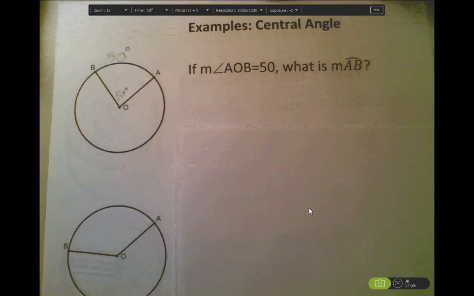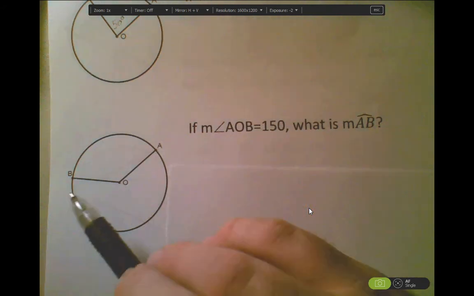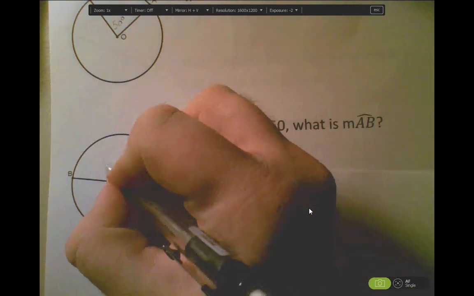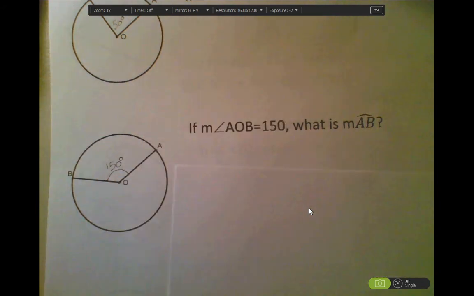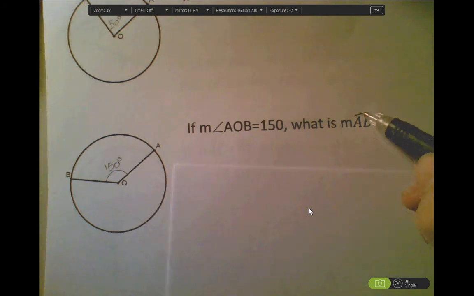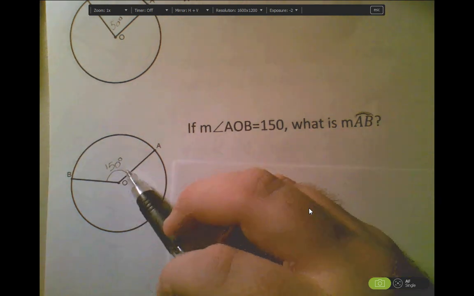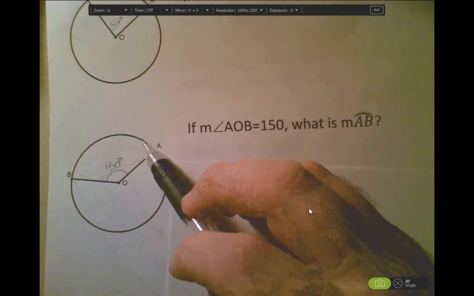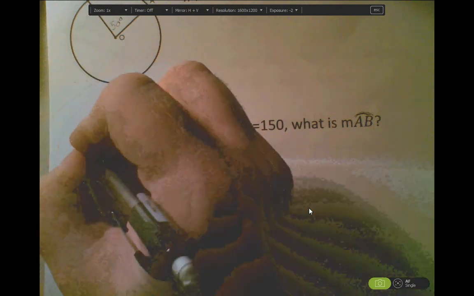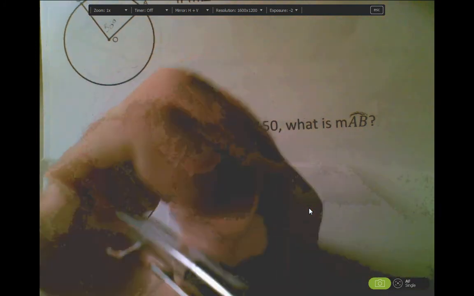Let's go through another example. The measure of angle AOB is 150. Whoa, that's big. So what's the measure of arc AB? Remember that symbol means arc. If this is 150, we look across from it, we have arc AB, and therefore this is going to be 150 as well.